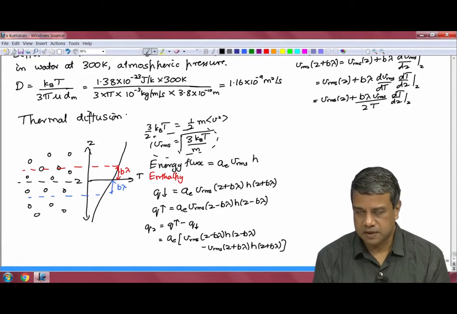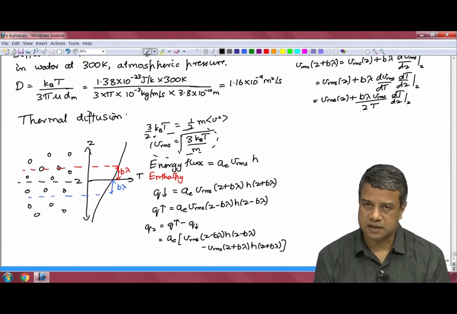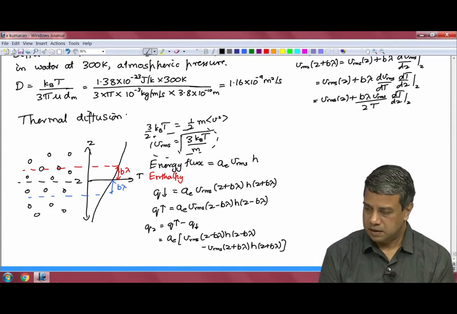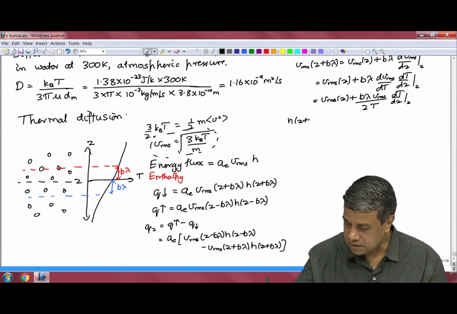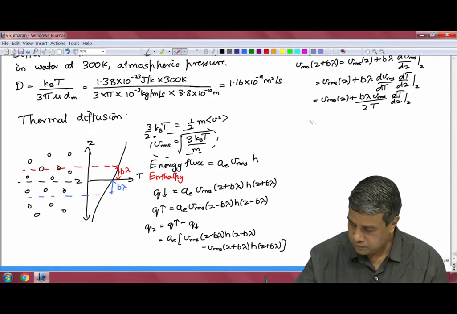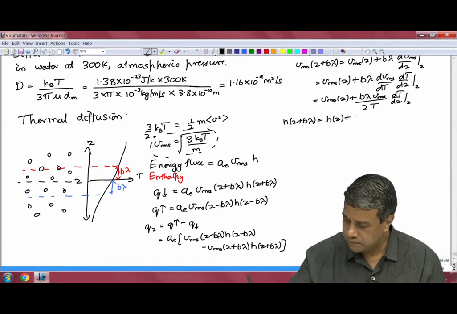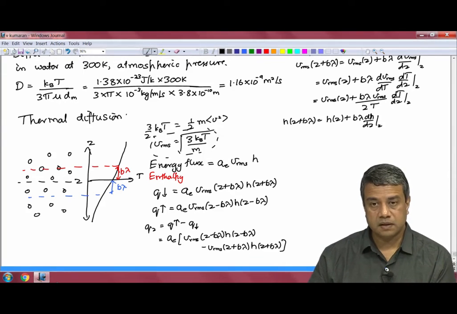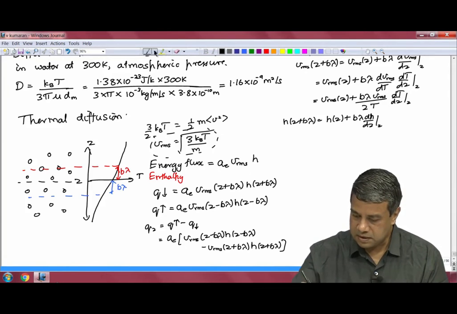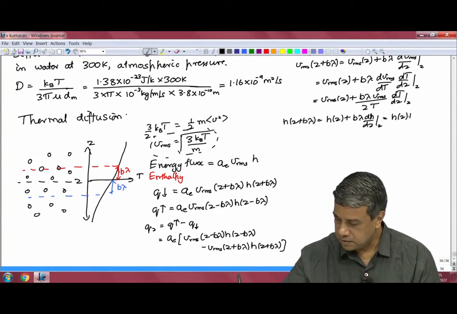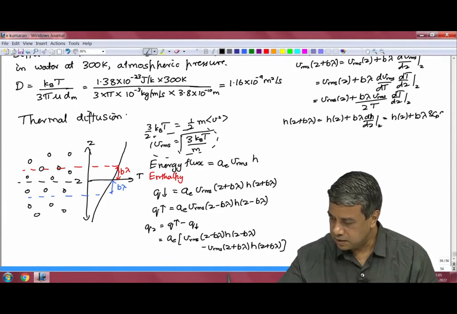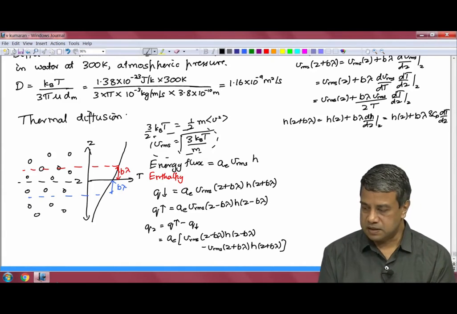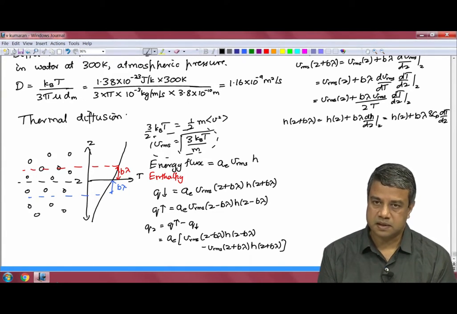dVrms by dT is proportional to T to the half, so the derivative is half times Vrms by T. And similarly, you can also write h at z plus delta z, and the rate of change of enthalpy density with z is just equal to h of z plus b lambda rho Cp dT by dz, because delta H is equal to rho Cp times delta T, where Cp is the specific heat at constant pressure.